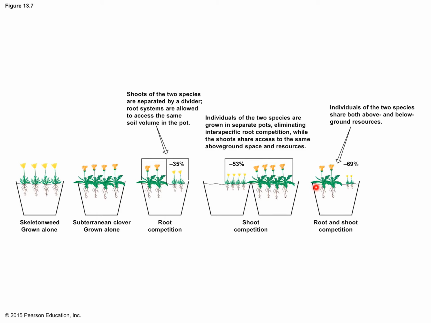And when both roots and canopy were allowed to intermingle in the same pot, you had skeleton weed biomass reduced by 69%. You can see how small they've drawn the plants there to sort of show that. So this means that clover or subterranean clover plants were superior competitors for light, water, and nutrients. They were superior competitors across the board for all these resources.